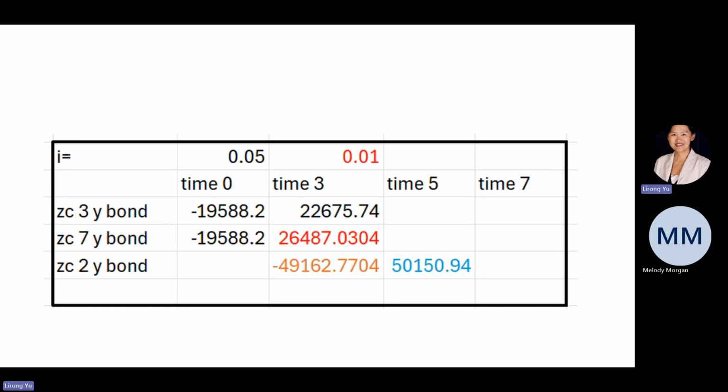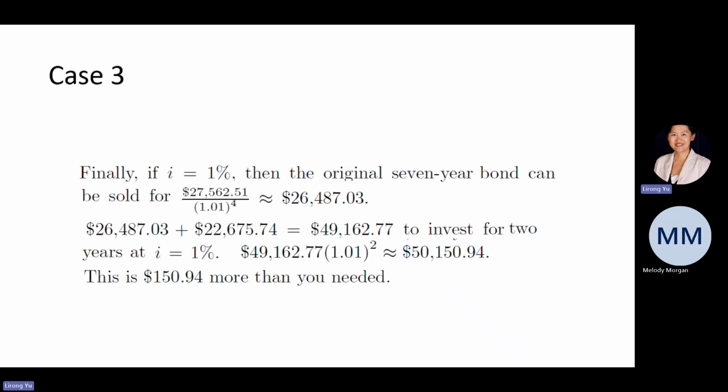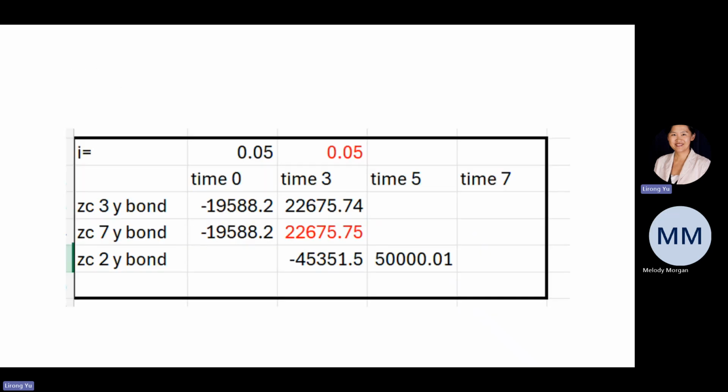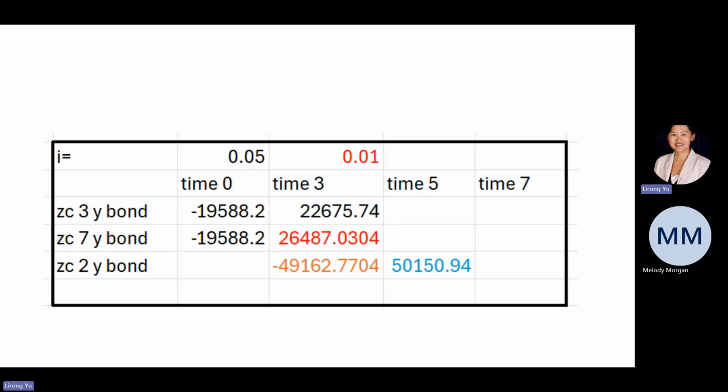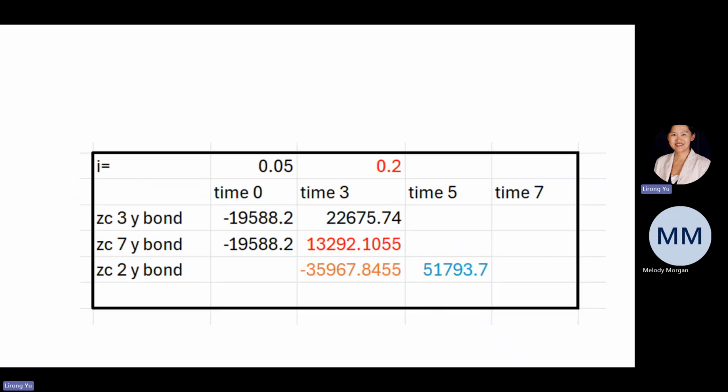Any questions? So the scenario is if the interest rate stays the same, we barely cover, because that's what we did in our original calculation. We want to match up exactly that cash flow. This is how we determine the initial purchase. But whenever the interest rate changes up or down, we always end up with a little bit of extra cash.